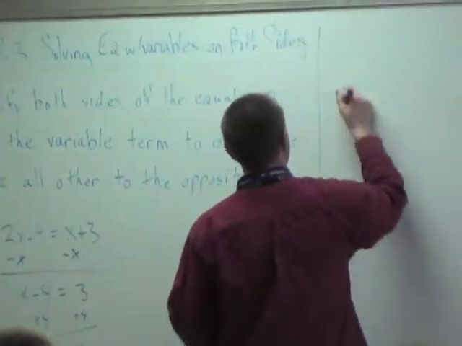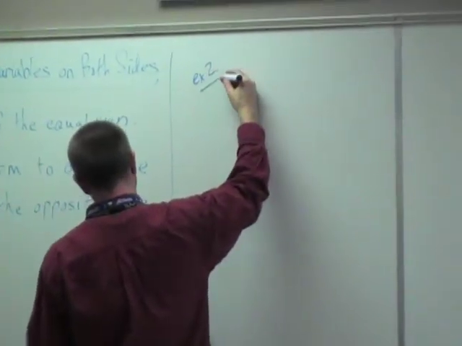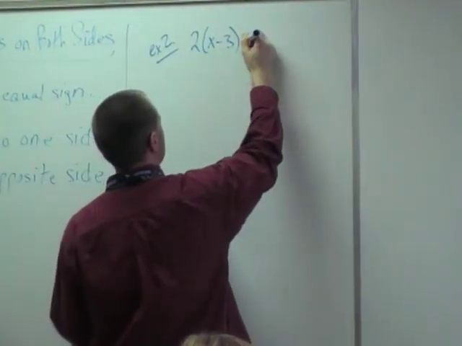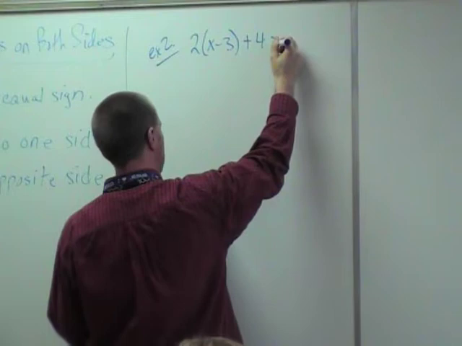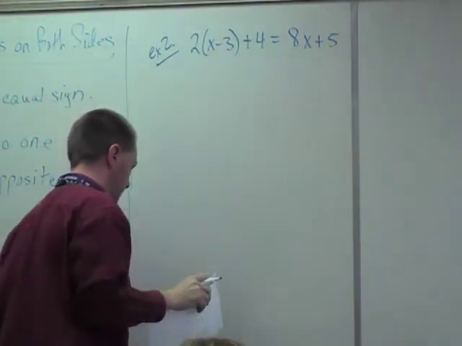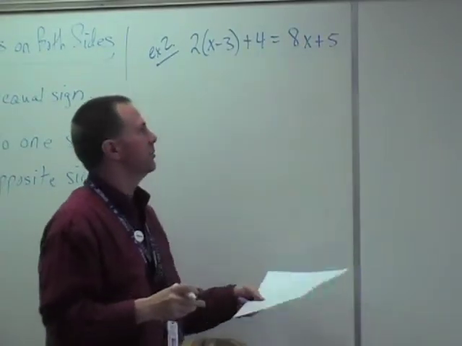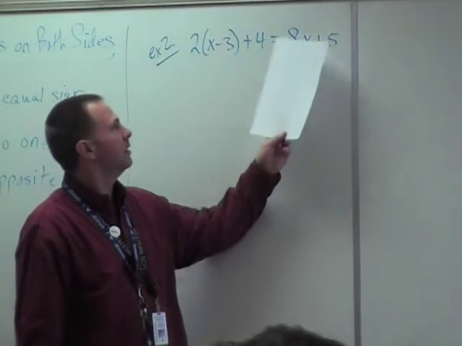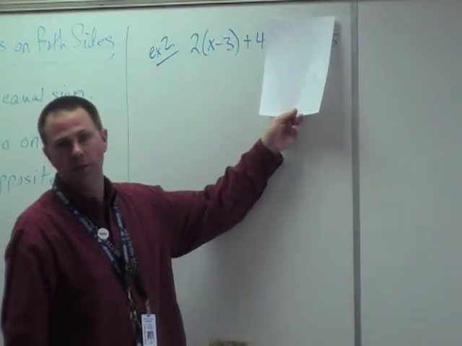Let's do this one. Example 2. 2 times the quantity x minus 3 plus 4 equals 8x plus 5. So at this point, look at the left side. Does it need simplified?